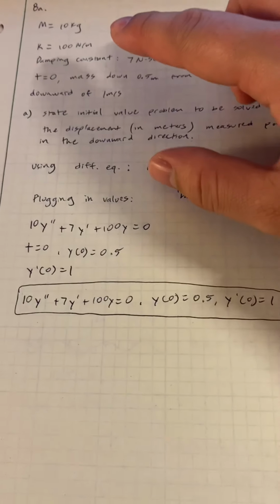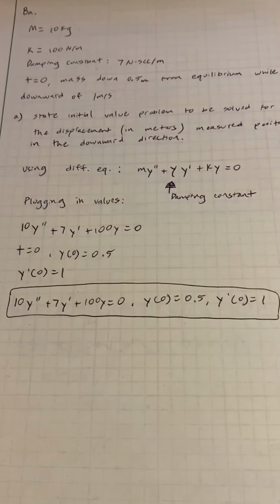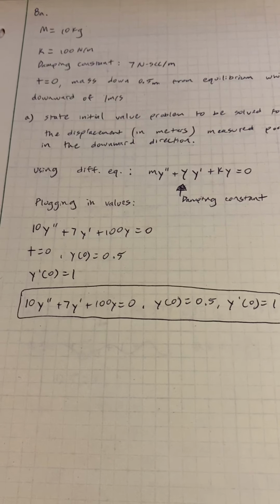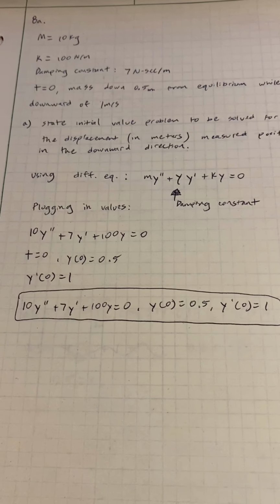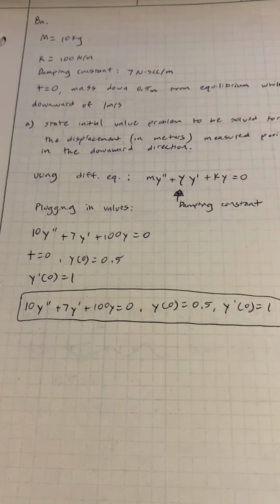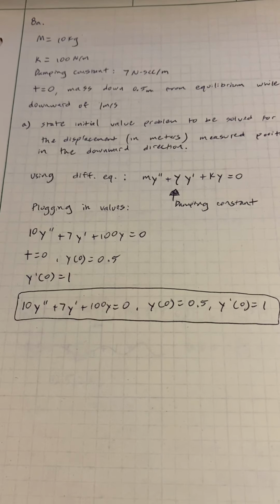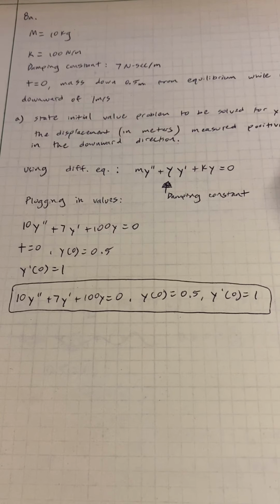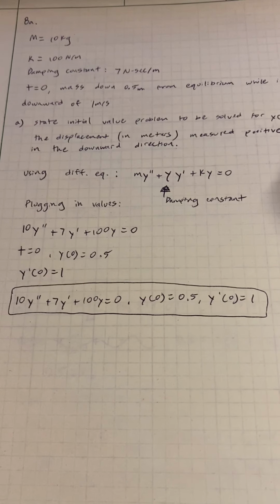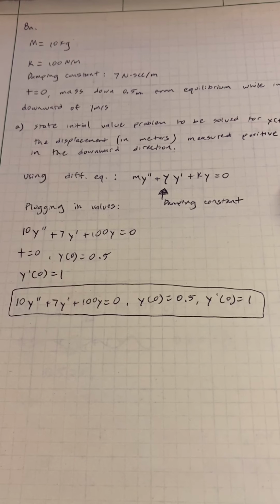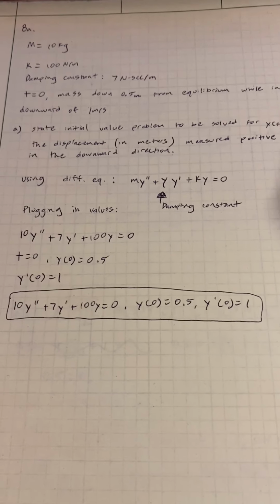Plugging in our values, we have 10y double prime plus 7y prime plus 100y is equal to 0, with y of 0 equal to 0.5, and y prime of 0 equal to 1.